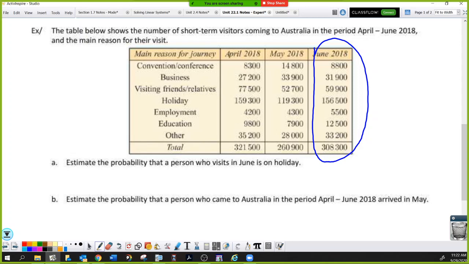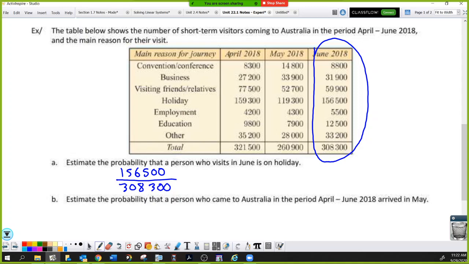So it is going to be 156,500 out of 308,300. This is the probability that they're on a holiday knowing that it's June. It's two different things. Order matters. Probability someone is on their holiday, on vacation, knowing that they're in June.